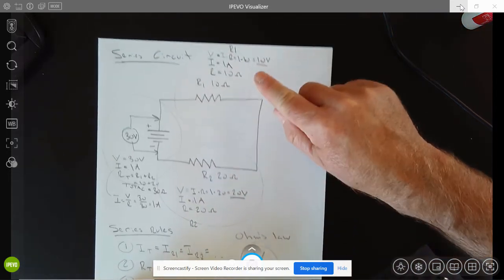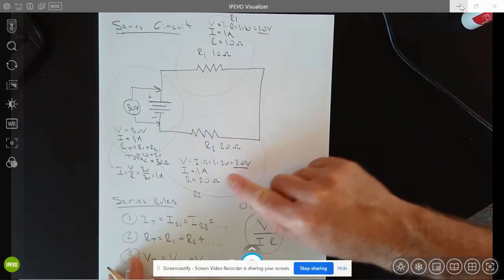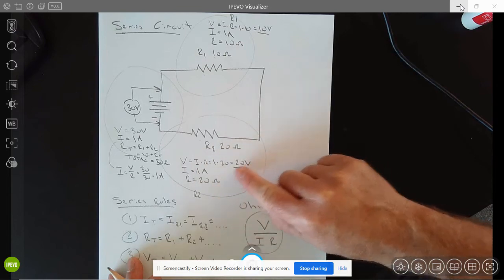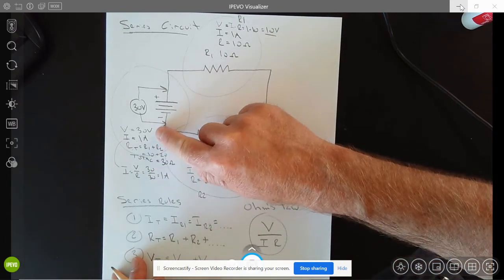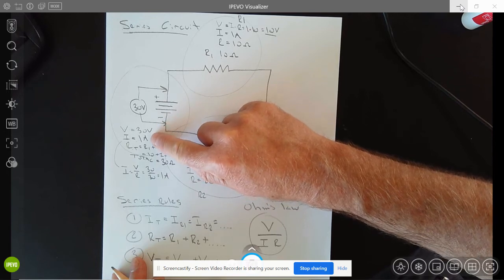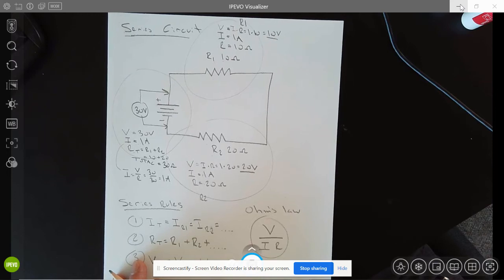Bam. So I know 3 out of 3 in this circle: 10 volts, 1 amp, 10 ohms. I know 3 in this circle: 20 volts, 1 amp, 20 ohms. And in this circle, I know 30 volts, 1 amp, 30 ohms. So now I know all my values.